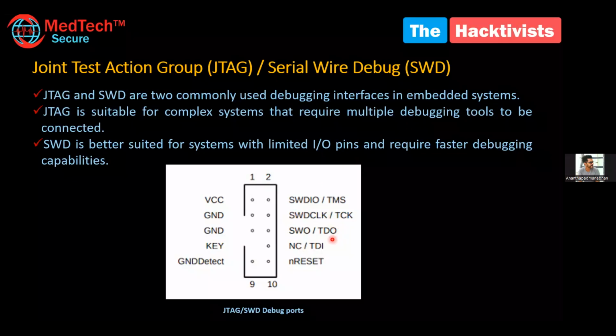In those cases, we'll go with JTAG, where we'll have separate pinouts for input and output. This is just an overview, to make you understand the major difference between JTAG and SWD, which are common debugging interface protocols used in IoT devices.